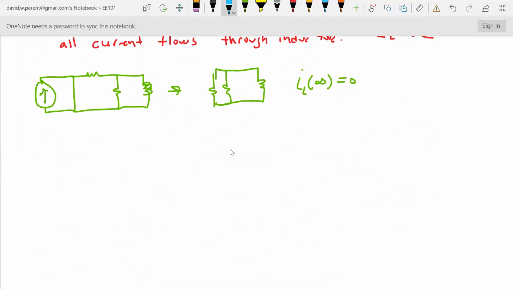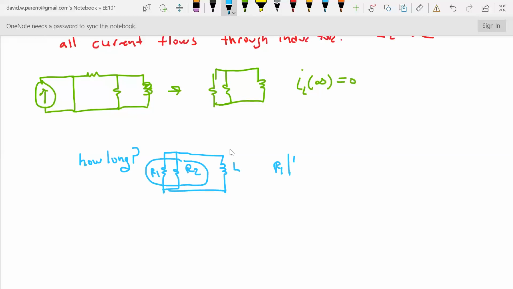Now, how long? Well, I have R1 and R2 and L, but notice that's really just R1 in parallel with R2.